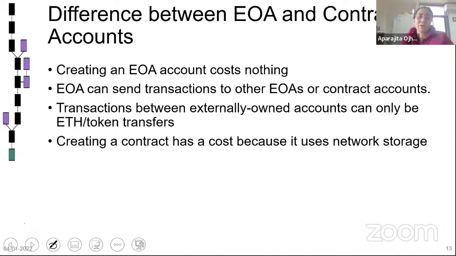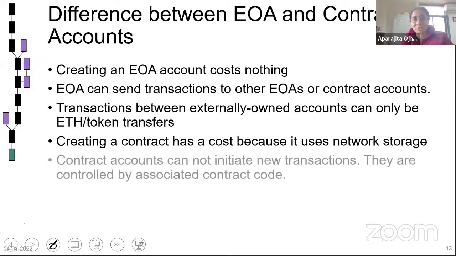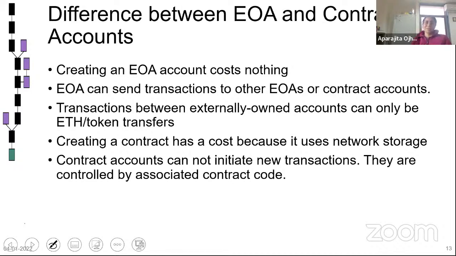And creating a contract has a cost, because it uses the network storage. The moment you say you're creating a contract, it will require network resources, so it has a cost. A contract account cannot initiate any new transaction, remember. It is only the externally owned account or a node which can create a transaction.